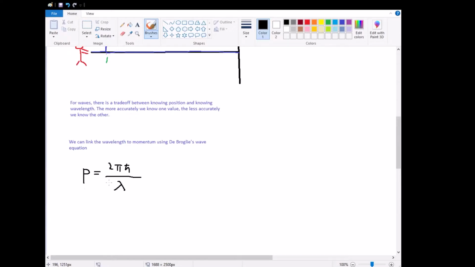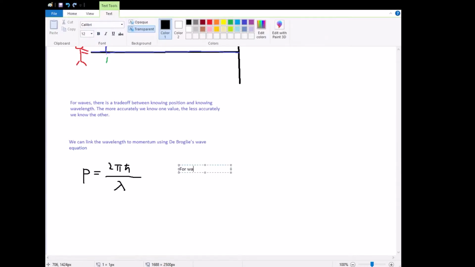So evidently, for waves, the trade-off is between position and wavelength, but it doesn't really make sense to define the wavelength of a particle.